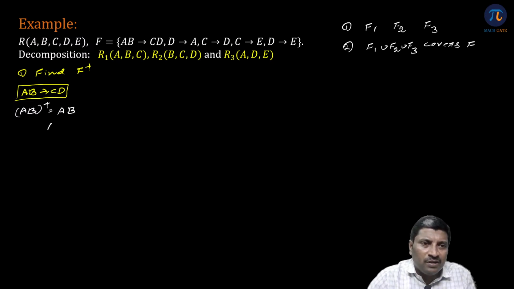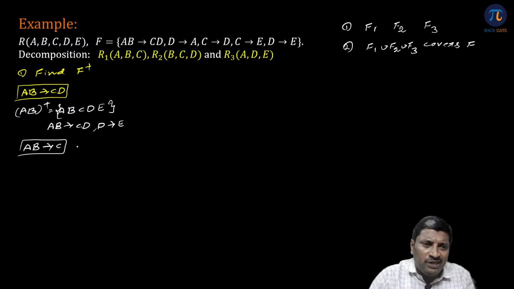AB, right? Then AB implies CD. This we already have, sir. So let me write ABCD. Then with the D, you can get E. So we got all the five attributes. So AB implies CD. Better to write separately, sir. AB implies C, AB implies D.